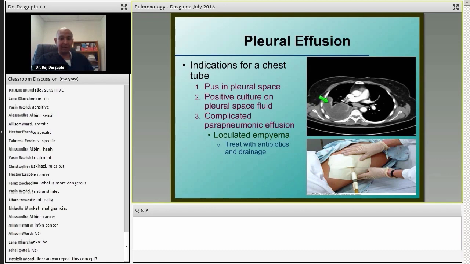See how it's very lobulated, it's not free-flowing? If the pleural fluid has a positive culture or positive gram stain, you want to have a very low threshold in putting in the chest tube. Classic one for third and fourth year med students is empyema. You got to bust out a chest tube, because antibiotics in itself won't be enough.